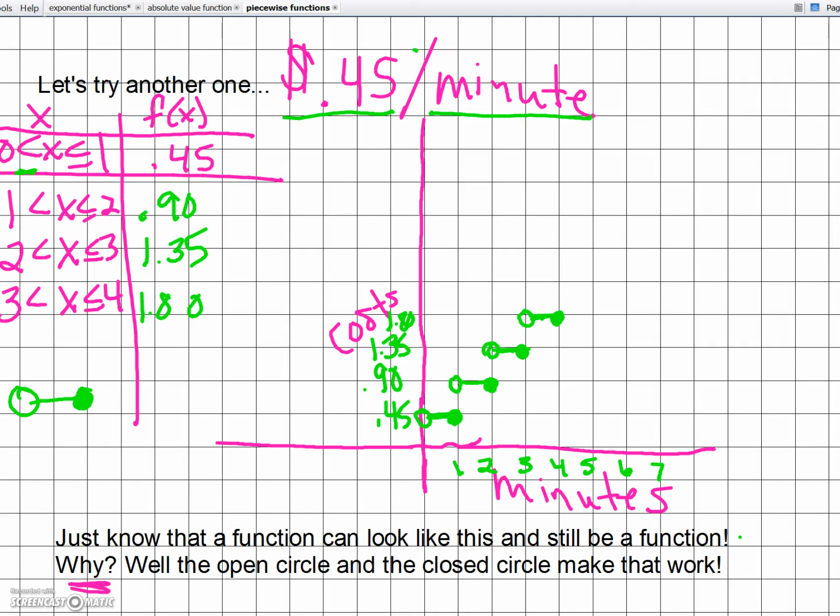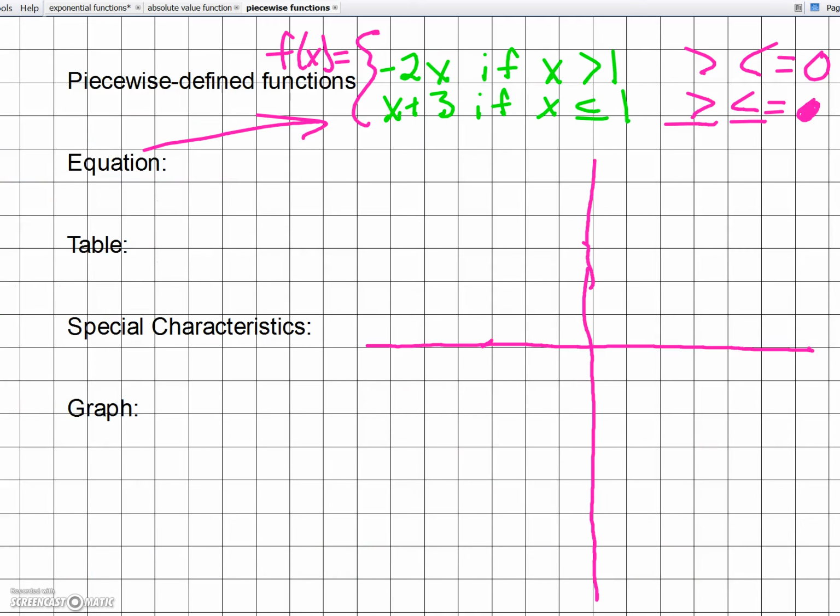I'll attach those. All right, so let's talk about one more kind of piecewise function. These are piecewise defined functions. In your notes, the other ones are step functions. Steps means it looks like steps. The defined ones look totally different.